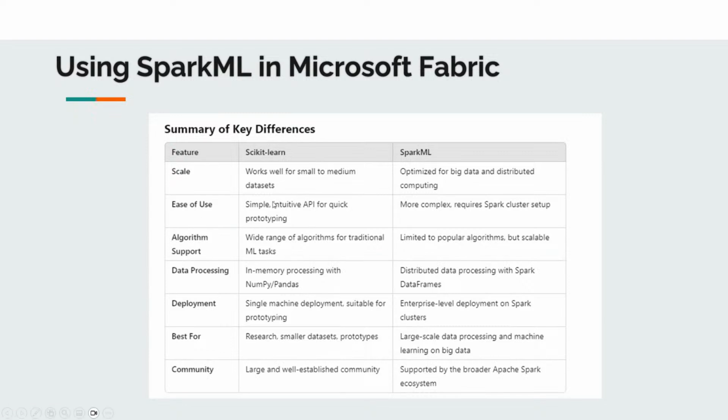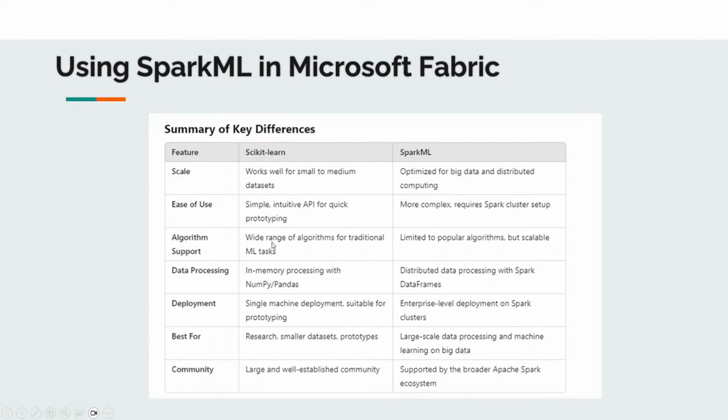Ease of use: if you know Python and you have familiarity with pandas and some of the libraries, there are tons of code examples out there for model building. So it's relatively easy to use, where Spark's a little more complex. You have to have a Spark cluster set up, but Fabric makes that fairly easy.